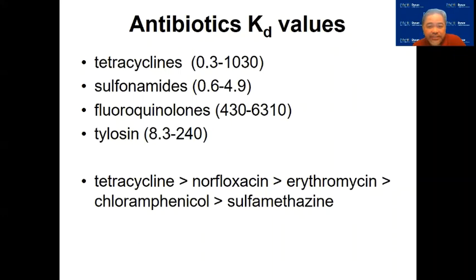Tetracycline, as you can see here, is 0.32 to 1030. That means some of them are mobile and some are persistent, and it has to do with the side group. They have the same functional group, but some side chains make them mobile or persistent.